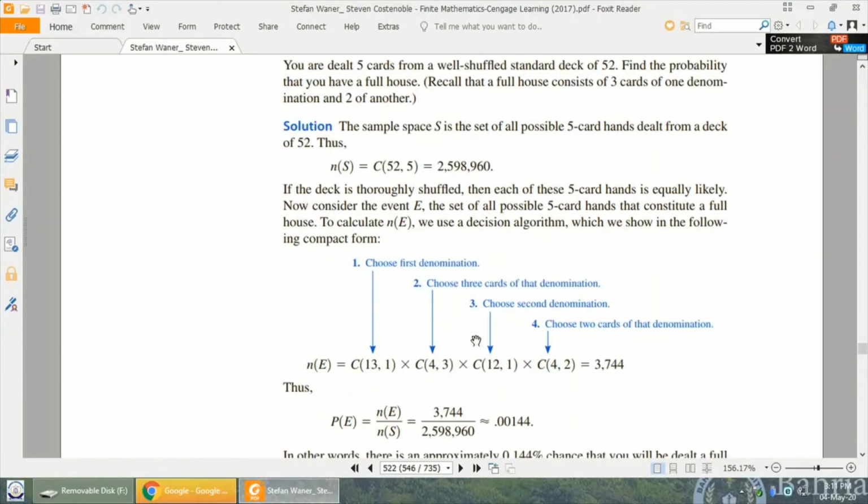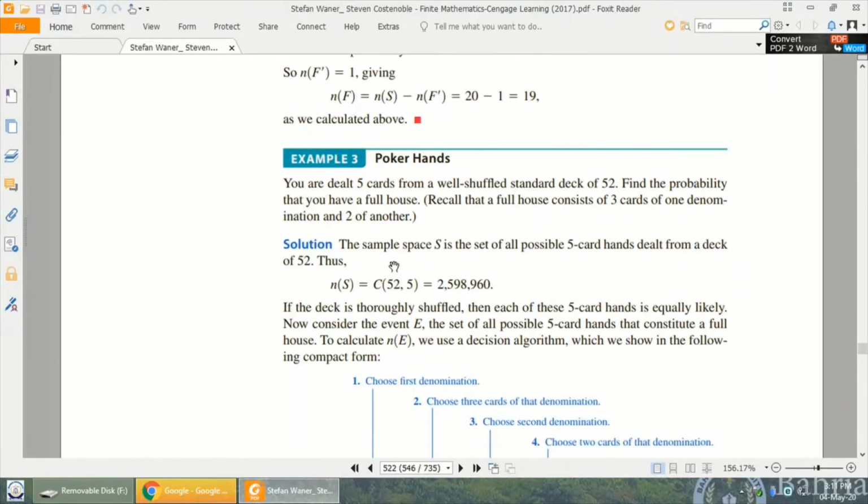Now they have given you a condition in this. They ask you to calculate a decision algorithm, where they have asked for the probability of having a full house. A full house, they've already told you, is 3 cards of one denomination and 2 of another.